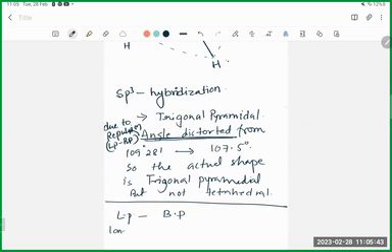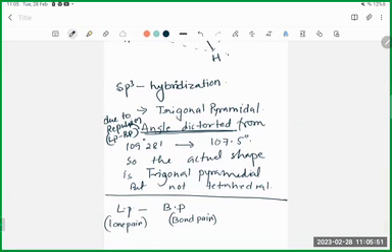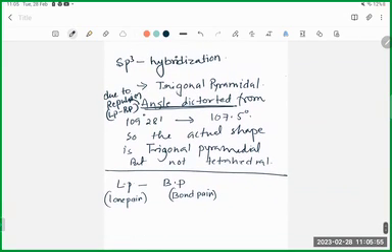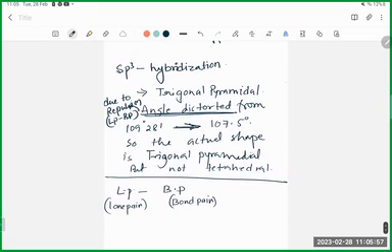Lone pair, bond pair. Okay, so this repulsion pushes the angle and it gets distorted from 109 to 107. This is the most important thing that we need to say. The reason behind it is the lone pair bond pair repulsion.